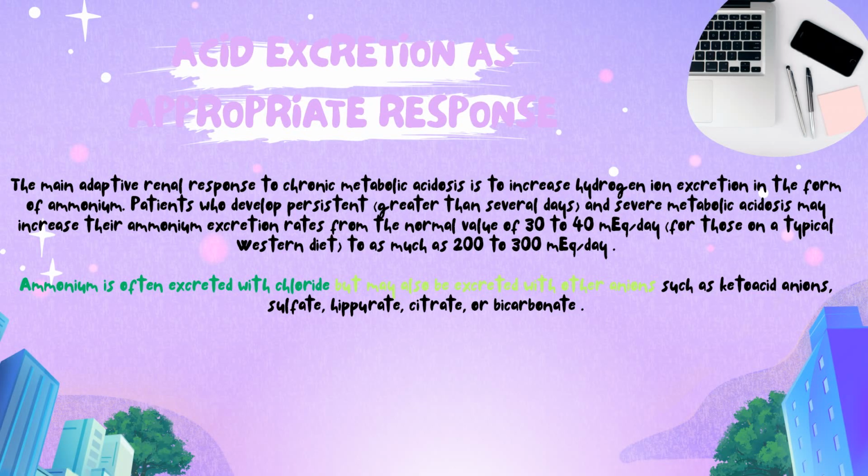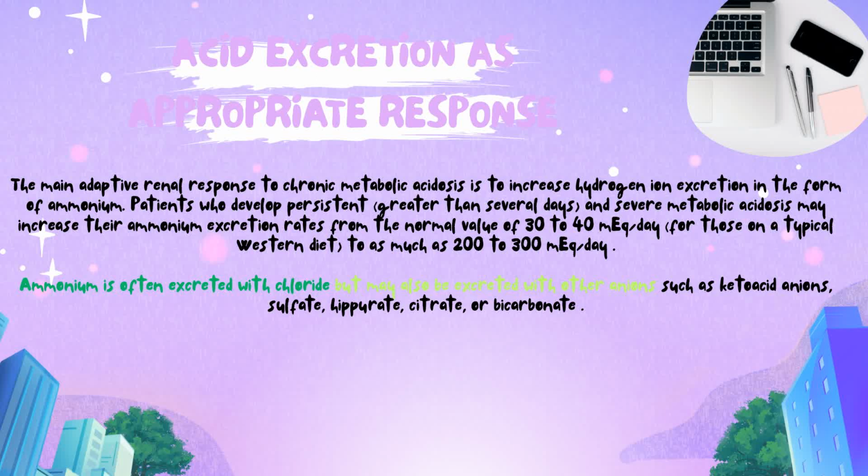So that's an appropriate response. The ammonium will combine with chloride and the urine will have a higher amount of ammonium chloride. The body would also try to conserve the bicarbonate. So you would have less bicarbonate in the urine and more chloride in the urine.